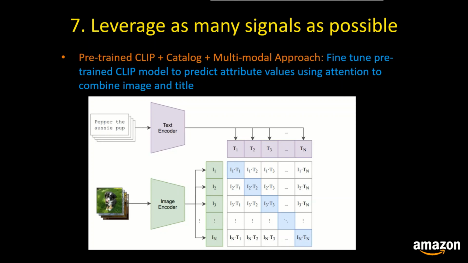So we got a 1,000 bips improvement in recall as a result of leveraging the attribute values in the catalog. The seventh best practice, as you can see here, is to leverage as many signals as possible.